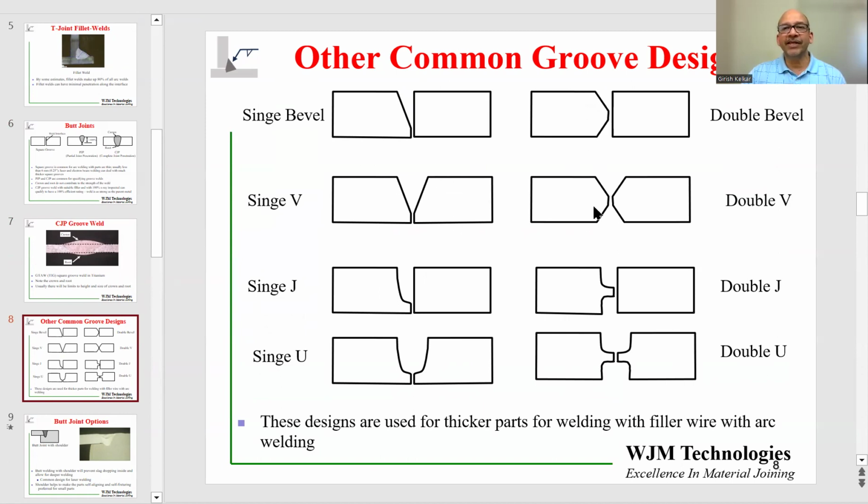We can have a single V, a double V, a single J, a double J, and a single U and a double U. These are all designs used for arc welding, where you need to use the filler wire. The filler wire will essentially fill up this space. In some situations, depending on the joint design, you may have to make some of the weld from the top and then have access from the other side and make some passes from the other side as well.